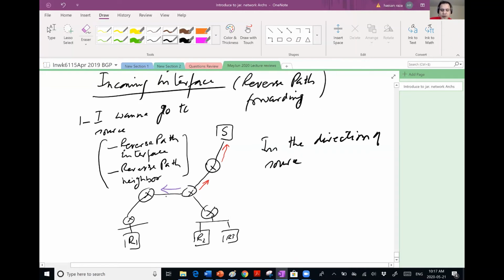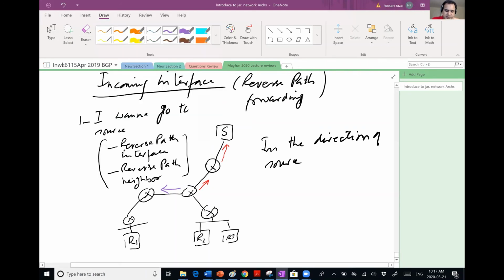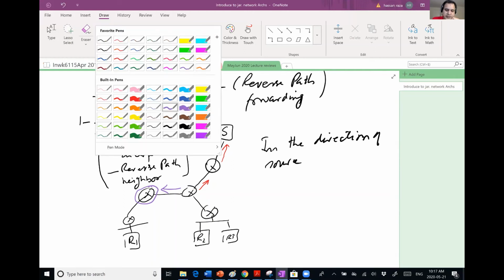I will choose one of them, and that would be my reverse path interface. And what will be the selection criteria? Which will take me to the source. So I have this purple router and this red router.